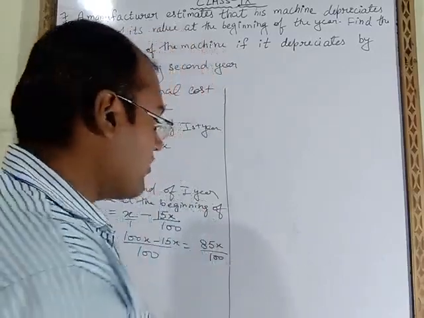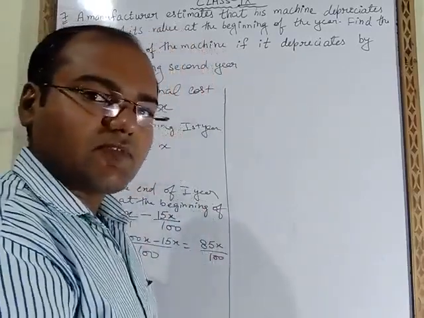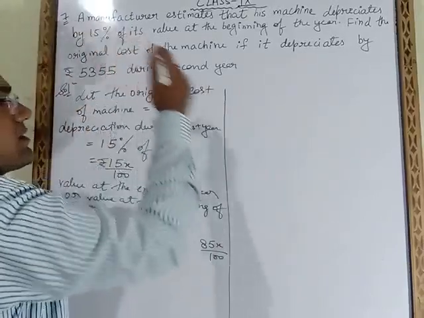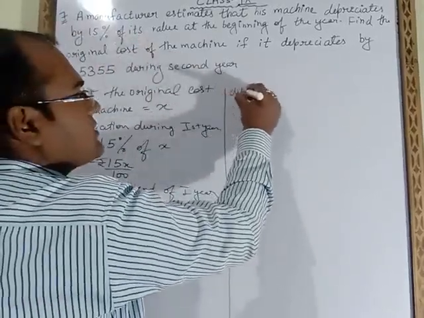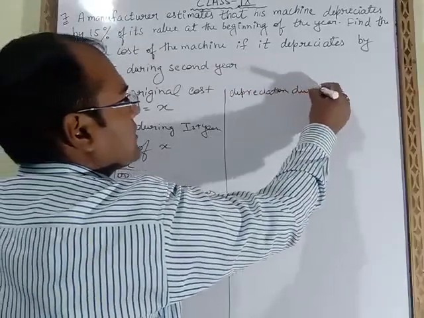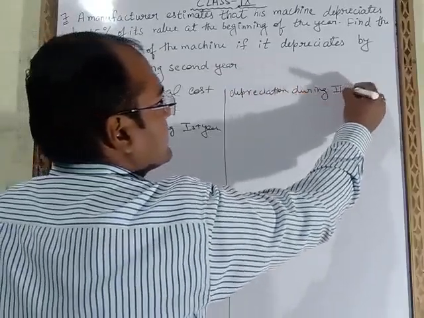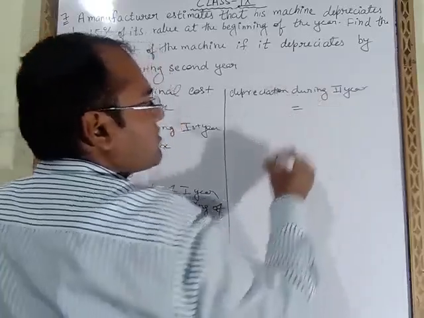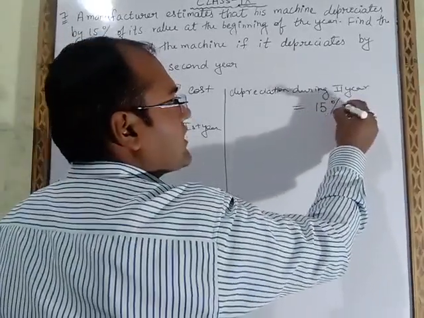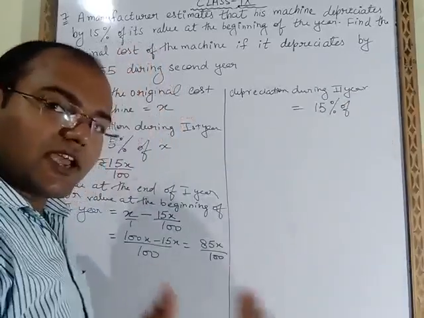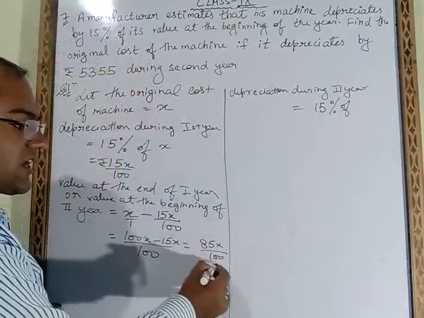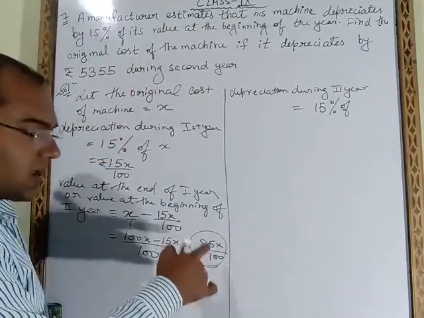Now again in the second year its value got depreciated by 15%. So depreciation during the second year is equal to 15% of its value in the second year. What is the value in the beginning of the second year? It is 85x upon 100.